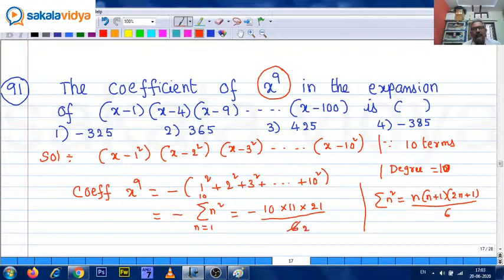Now 3 twos are 6, 3 sevens are 21, 2 fives are 10. So minus 55 into 7, that is equal to minus 385. So the fourth option is the right option.